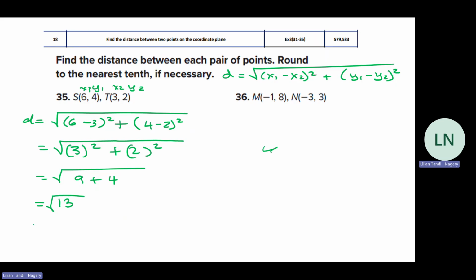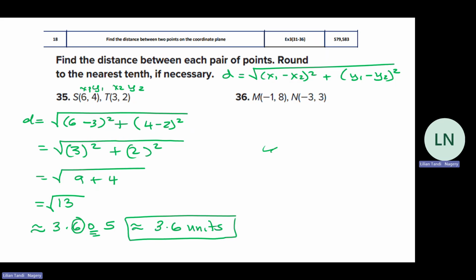So the square root of 13 is approximately 3.605. Circle, underline, we are not adding. Our answer is 3.6 units. And you box your answer.